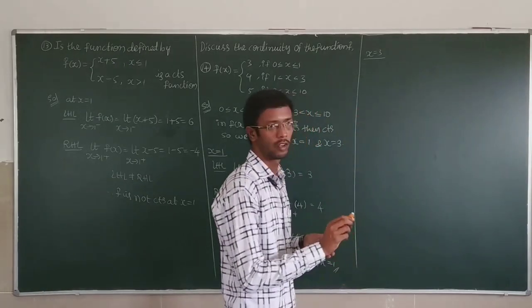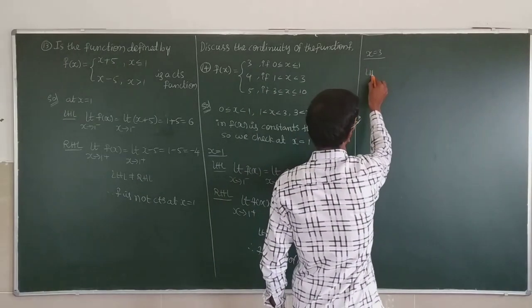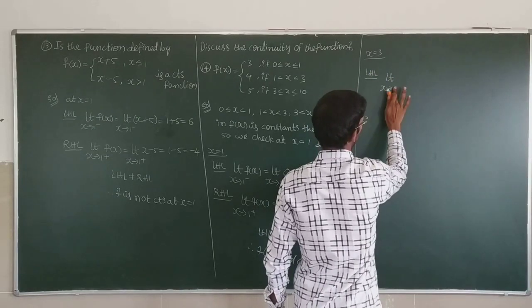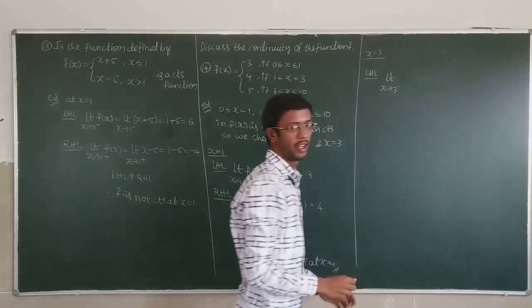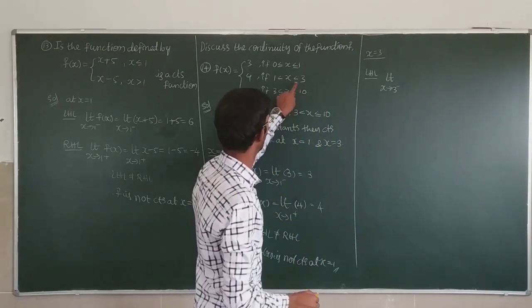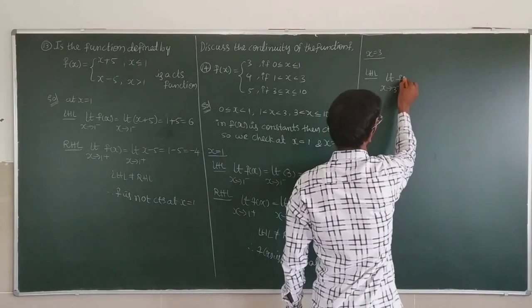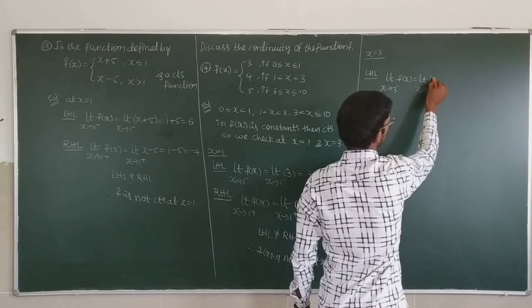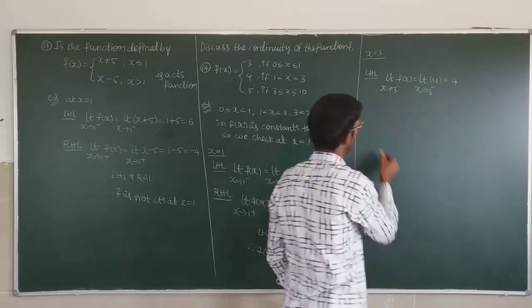At x is equal to 3, LHL part: limit x tends to 3 minus, less than 3, is 4. So 4.